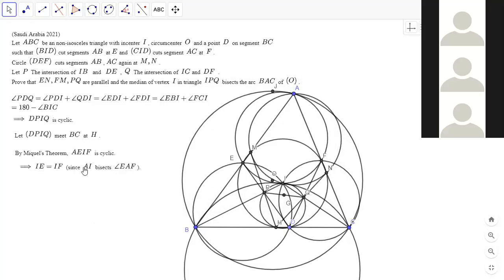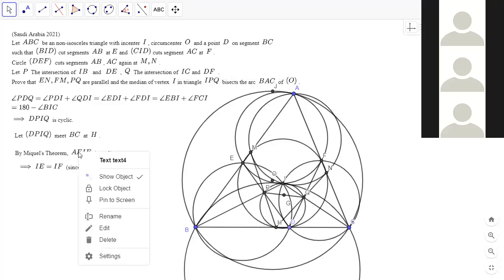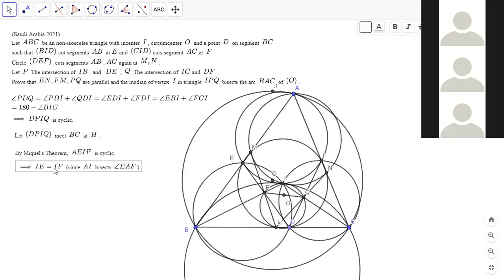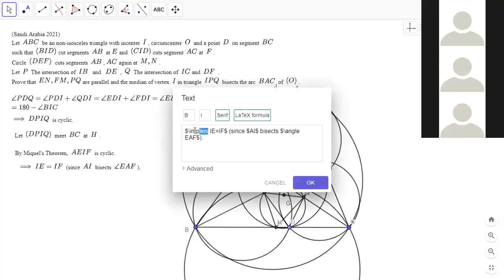I'll just leave it there for now. But basically, we have ID equals IF since CI bisects angle DCF.